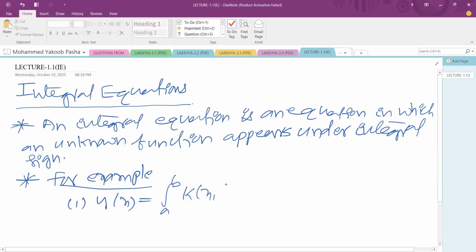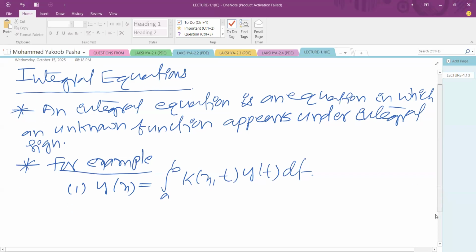K of x comma t, y of t dt. Here k of x comma t is the known function, y of t is the unknown function. This unknown function appears under the integral sign, so this is an example of an integral equation.